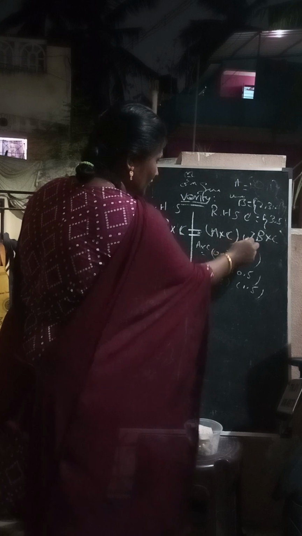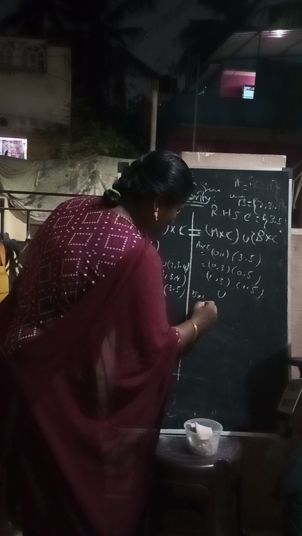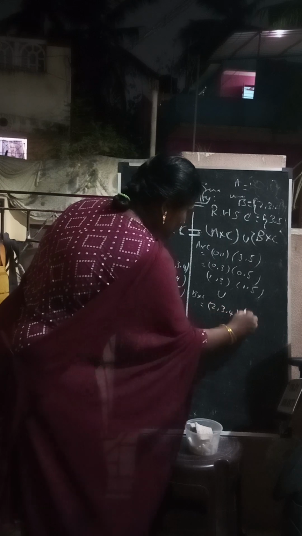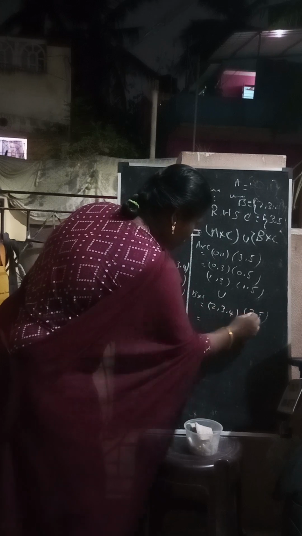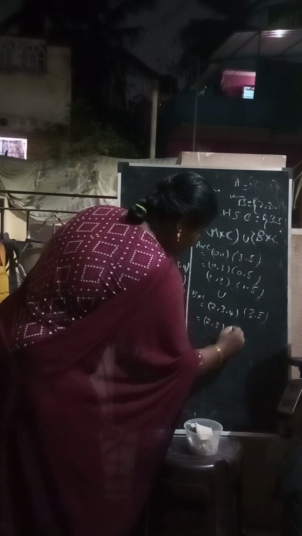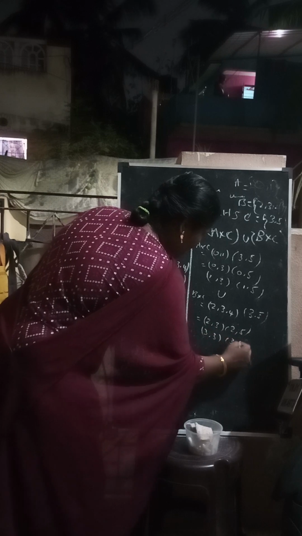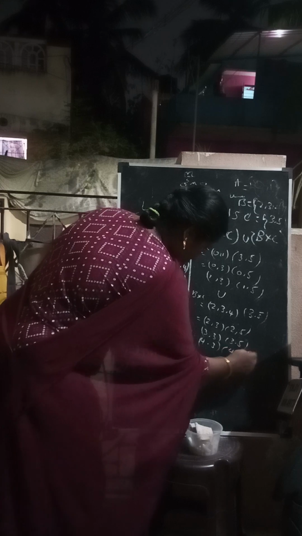Then (A cross C) union (B cross C). What is B cross C? B here is 2, 3, 4 and C is 3, 5. Then the cross product: (2,3), (2,5), (3,3), (3,5), (4,3), (4,5).